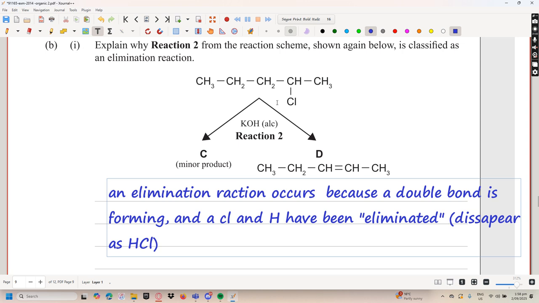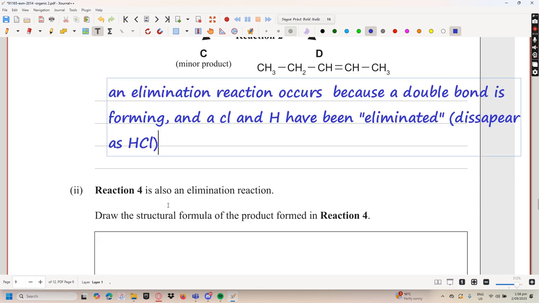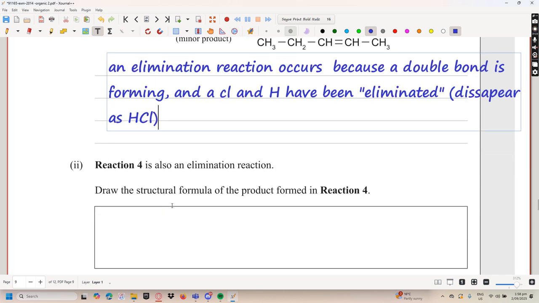So this Cl is gone, and one of the hydrogens disappeared as well. So the HCl is driven away, like how water was driven away with the alcohol going to the alkene. So there you go. Reaction 4 is also an elimination reaction.